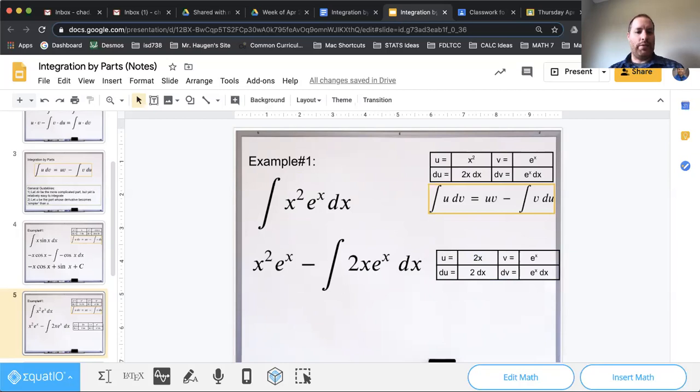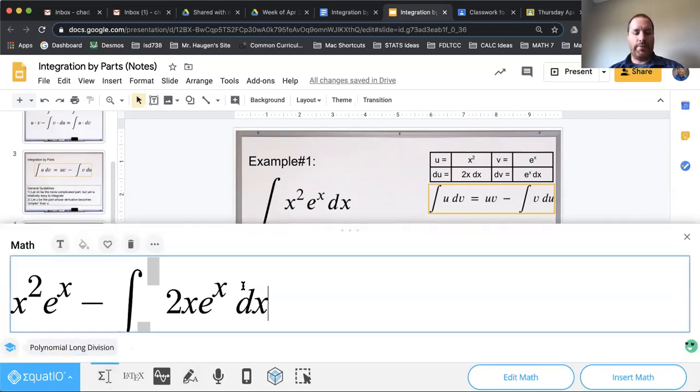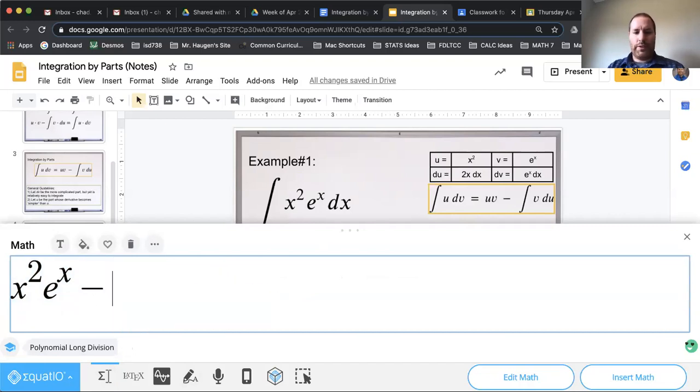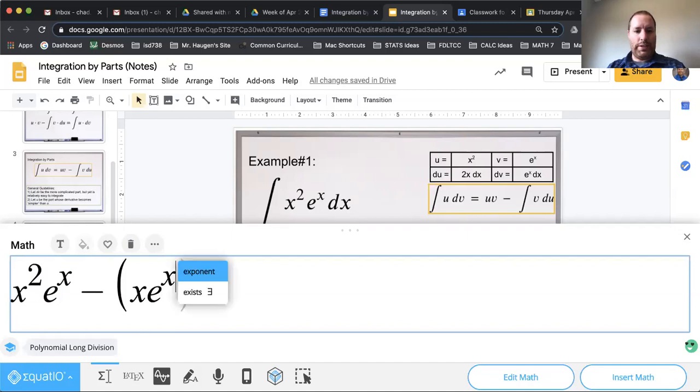And so now when I go to do this integral here, I'm going to pull that out. It's a little tough to see on that one. But when we take this integral, I want to make sure I subtract that whole thing. I think I have it written down here in my notes as well. x times e to the x.